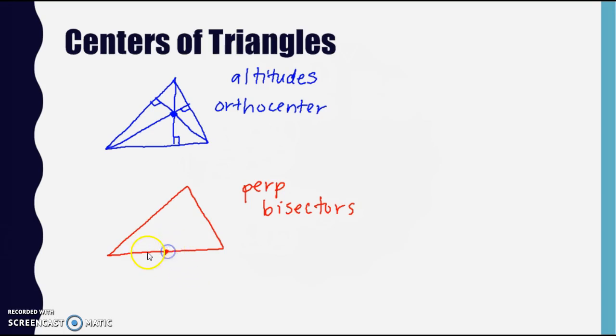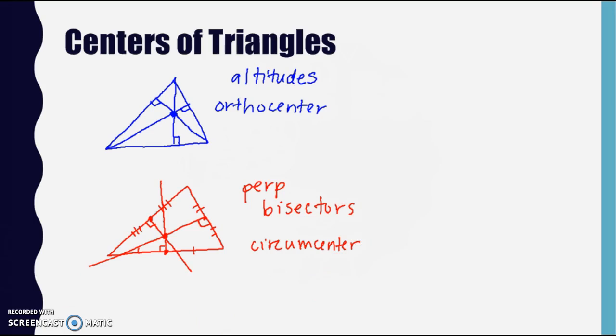So if I go to the midpoint on each of my sides, and then draw a perpendicular bisector. All right, this point where they all intersect is our circumcenter.